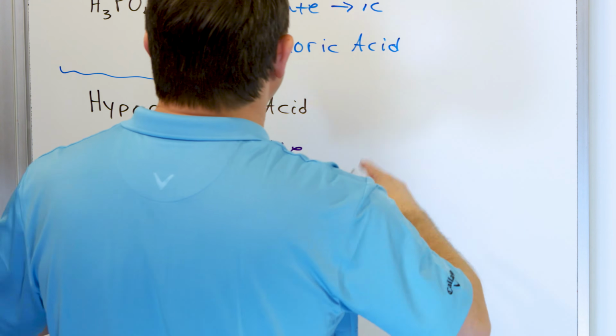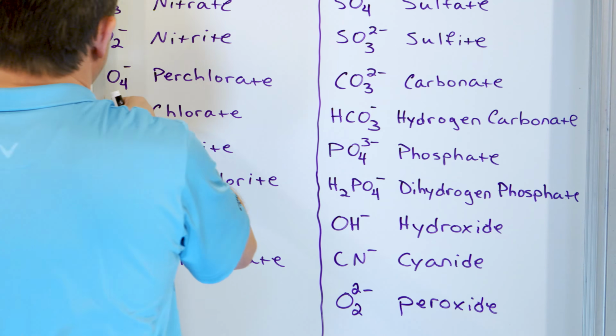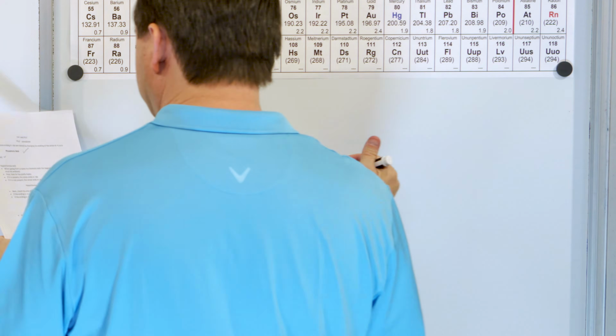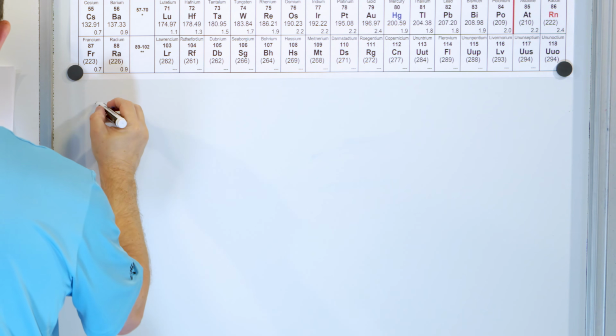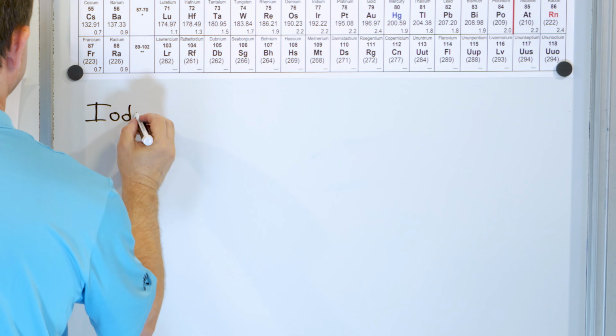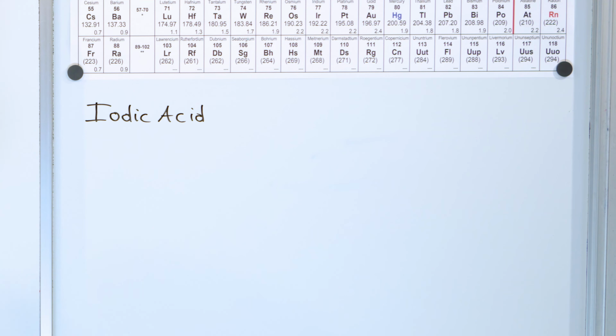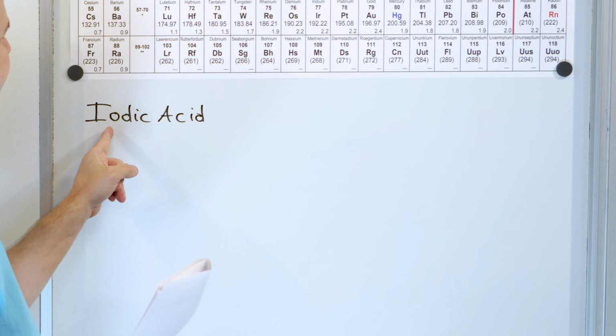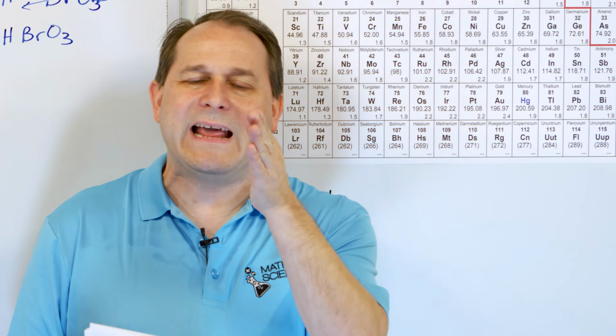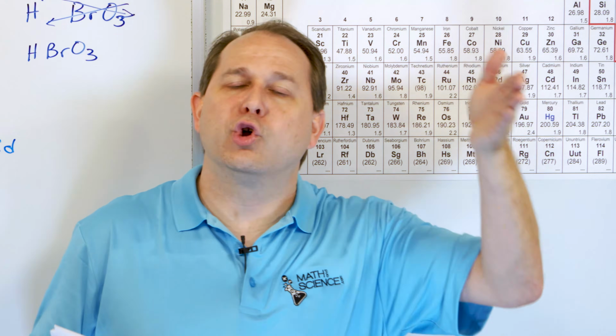All right, let's take a look. I think I have room over here. Two more. Let's reverse engineer this one: iodic acid. Now your first instinct is that this might be HI, but think about hydrochloric acid.